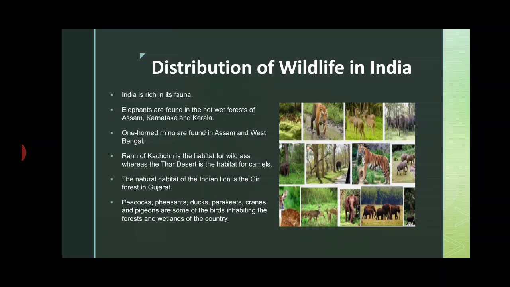In Ladakh, the freezing high altitudes are a home of the yak, the shaggy horned wild ox weighing around 1 ton, the Tibetan antelope, the blue sheep, wild sheep, and the Tibetan wild ass. Bird life in India is colorful. Peacocks, ducks, parakeets, cranes, and pigeons are some of the birds inhabiting the forests and wetlands of the country.